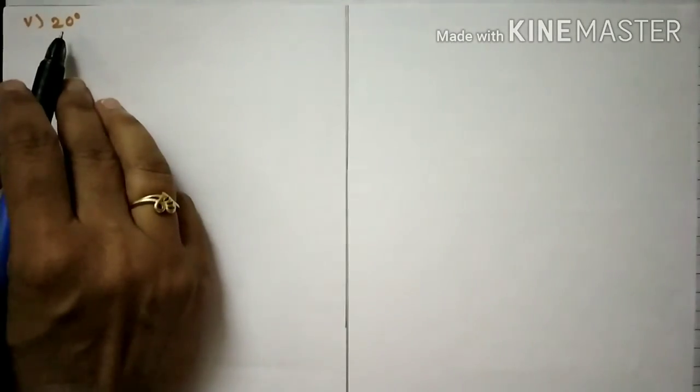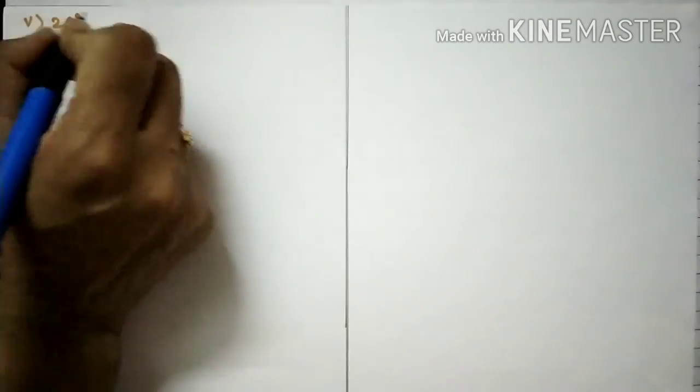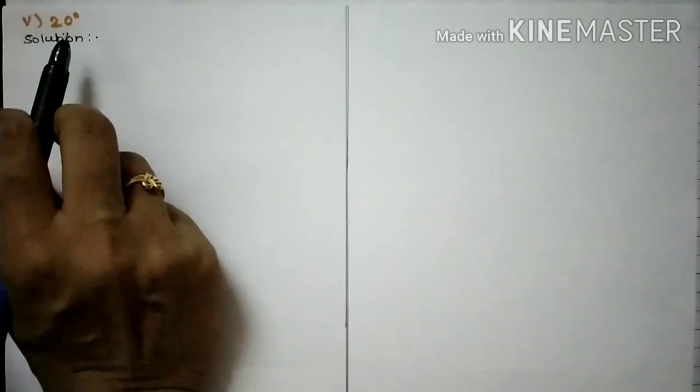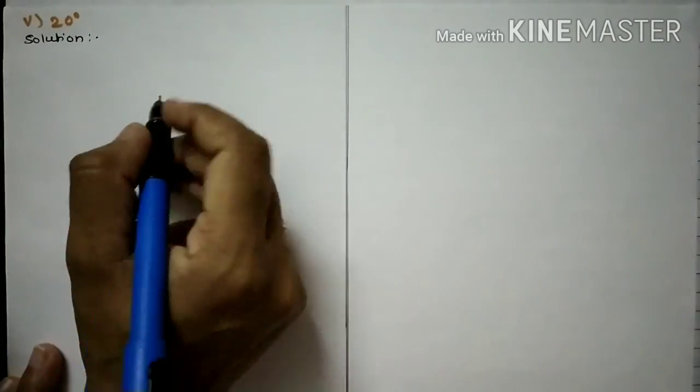Fifth is 20 degrees. Here we have to find the complement of this angle. So let's see the solution. First we suppose the measure of the complementary angle be x degrees.